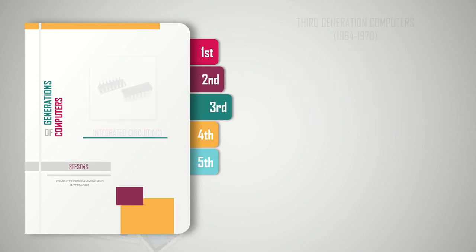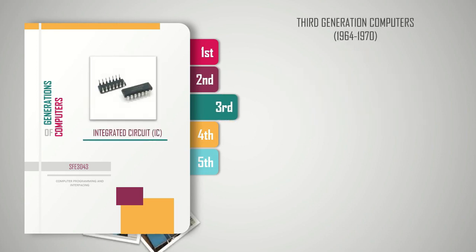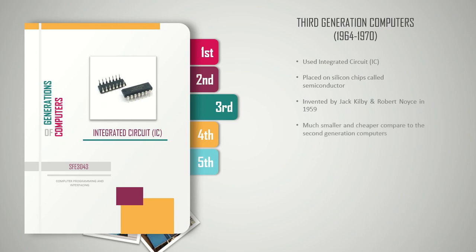Now, we move to third generation computers, 1964 till 1970. Use integrated circuits, or ICs, placed on silicon chips called semiconductors, invented by Jack Kilby and Robert Noyce in 1959, much smaller and cheaper compared to the second generation computers.